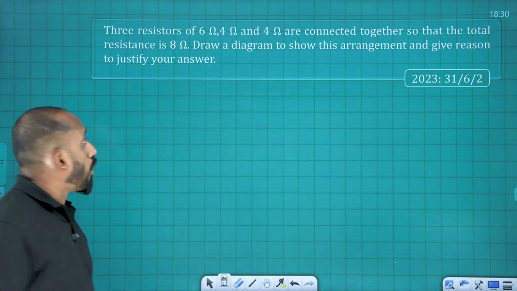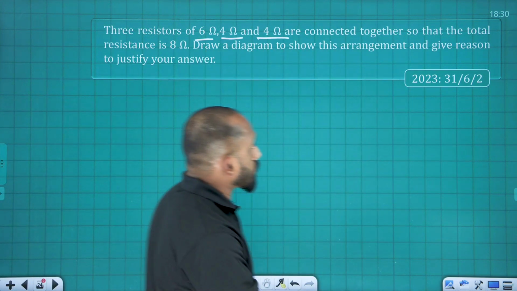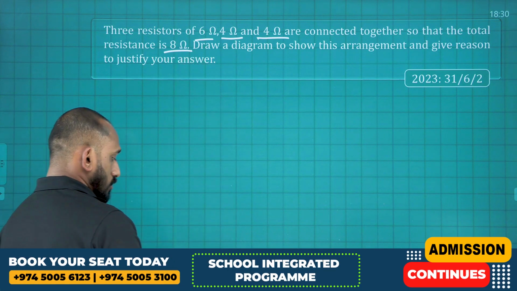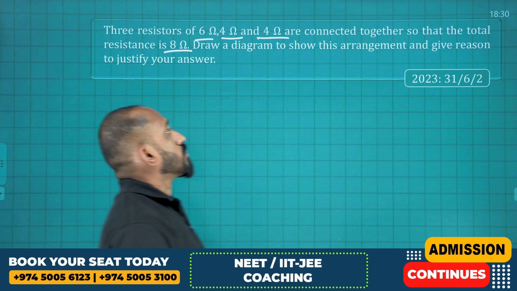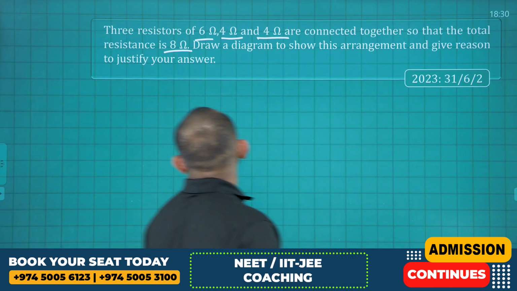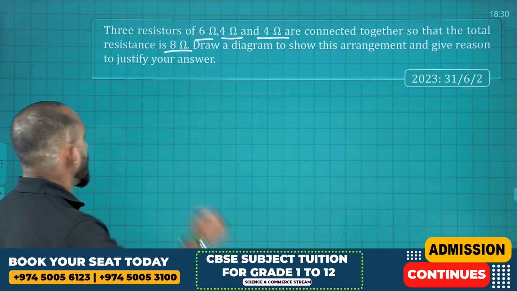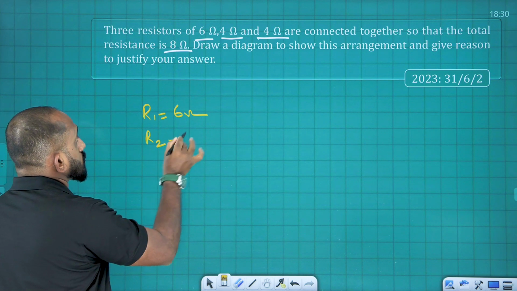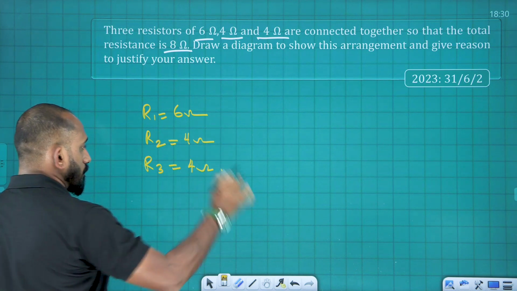Three resistors of 6 ohm, 4 ohm and 4 ohm are connected together so that the total resistance is 8 ohm. Draw a diagram to show this arrangement and give reason to justify your answer. So three resistors are given: R1 is equal to 6 ohm, R2 is equal to 4 ohm, R3 is equal to 4 ohm.